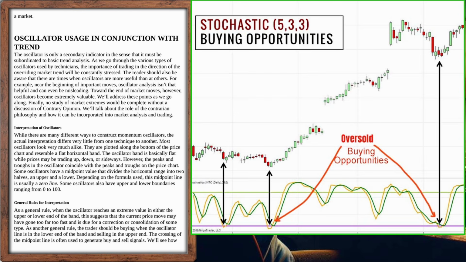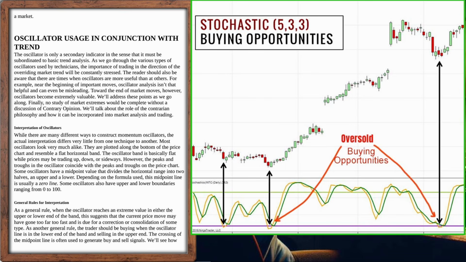Oscillator usage in conjunction with trend. The oscillator is only a secondary indicator in the sense that it must be subordinated to basic trend analysis. As we go through the various types of oscillators used by technicians, the importance of trading in the direction of the overriding market trend will be constantly stressed. The reader should also be aware that there are times when oscillators are more useful than at others.